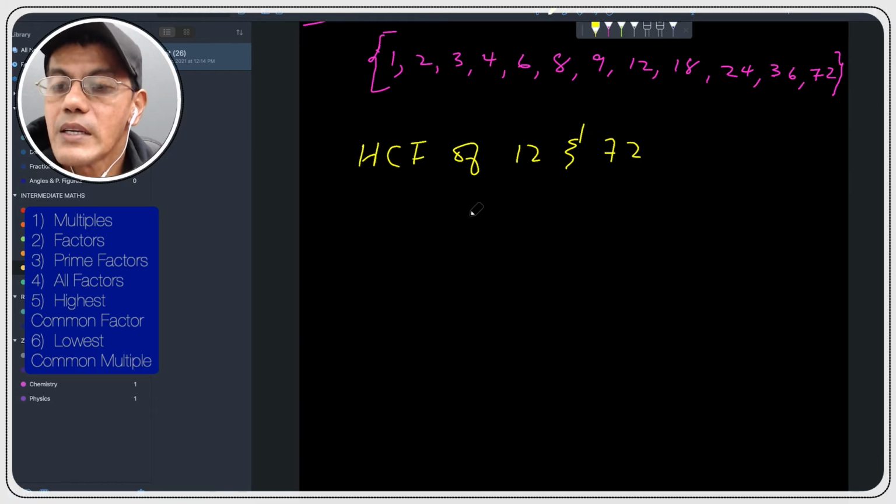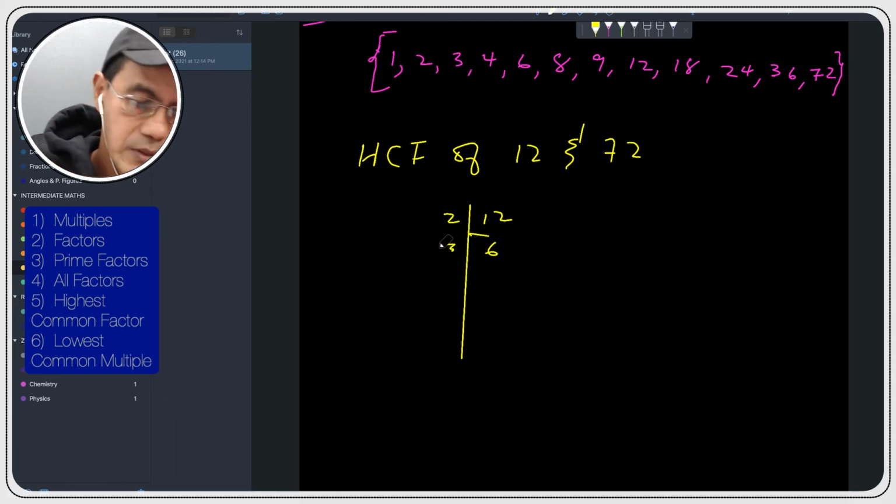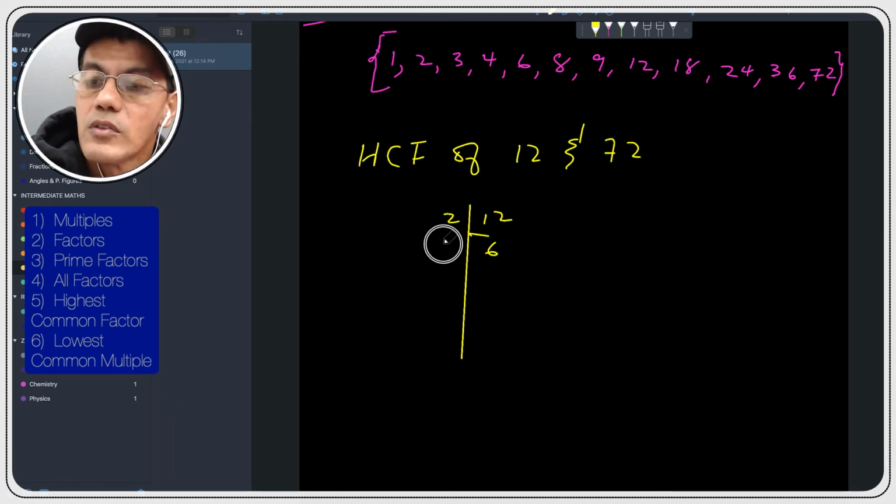And I'll do this quickly again as reinforcement. 12: 2, 6, 2, 3, 3, 1.